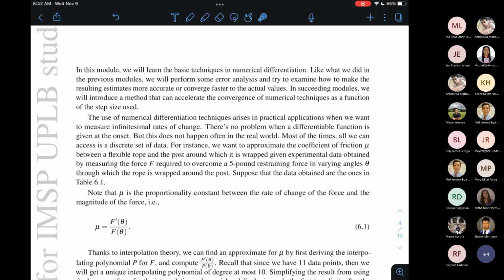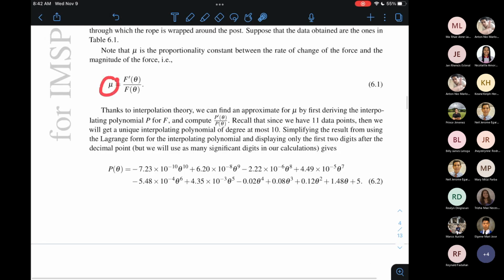It could be a discrete set of data, measurement data you take from experiments. Halimbawa, if you want to compute the coefficient of friction. Ang coefficient of friction denoted by the Greek letter, anong Greek letter to? Mu.